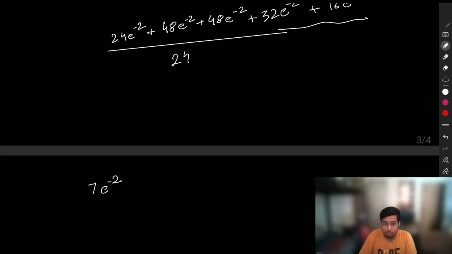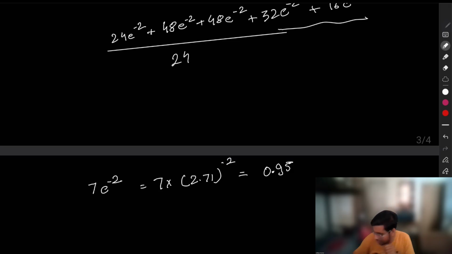So what you have to do is take your calculator. 7 multiplied by 2.71, because the value of e is approximately 2.71, e raised to the power minus 2, which will come approximately 0.95. Let's calculate also. Okay, I might be wrong.